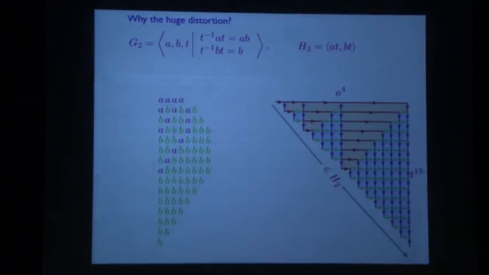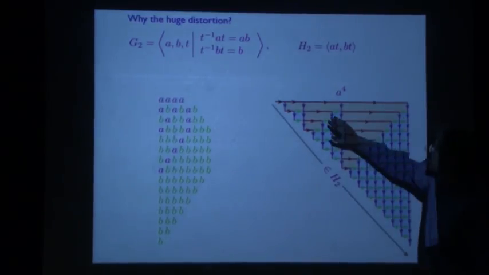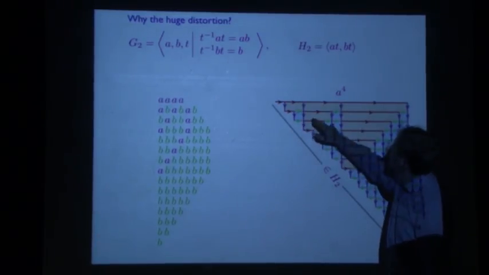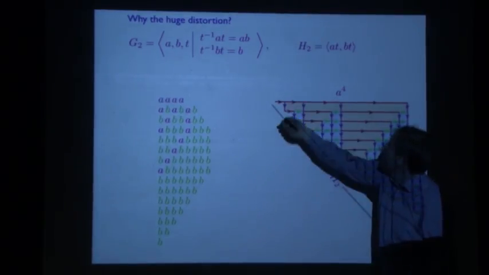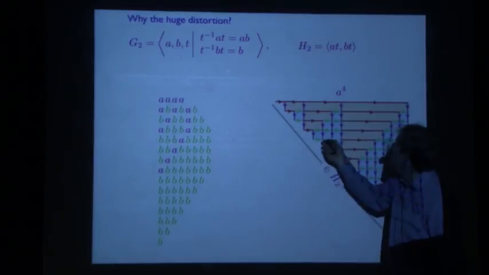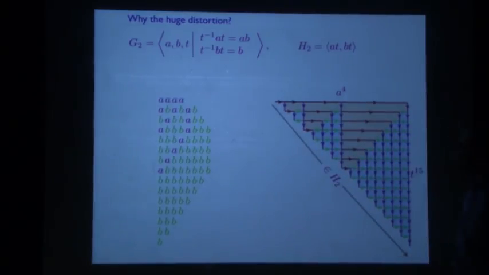Because these cells correspond to defining relations: the blue ones correspond to T commuting with B, and the orange ones are pentagonal and correspond to this relation. So this shows how it follows from these relations that you get this equality.